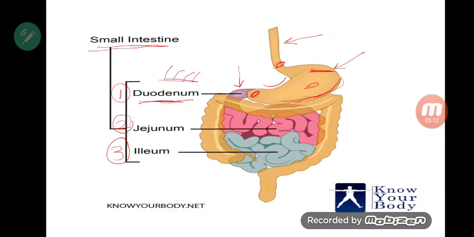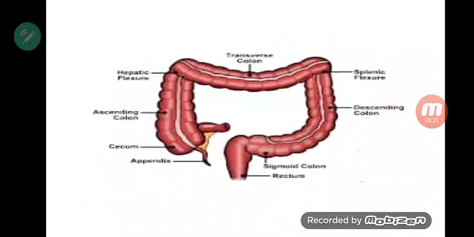Let's remember that the small intestine is divided into three parts: duodenum, jejunum, ileum. So the ileum is the terminal part of the small intestine. Now we will go to the large intestine. Here is the ileum, the terminal part of the small intestine.